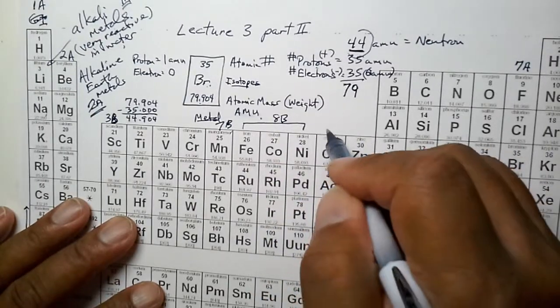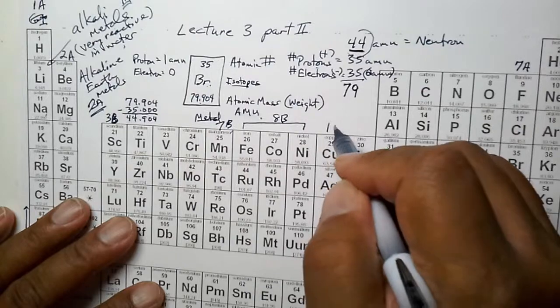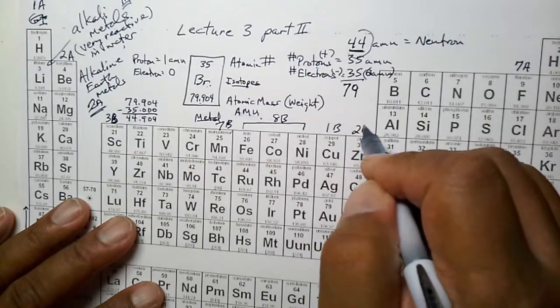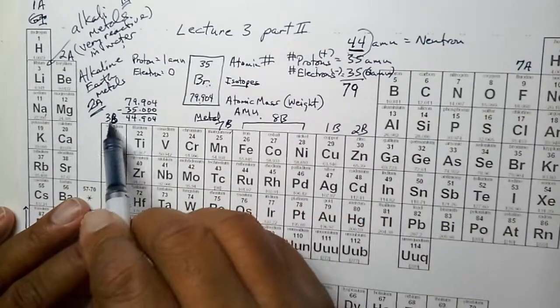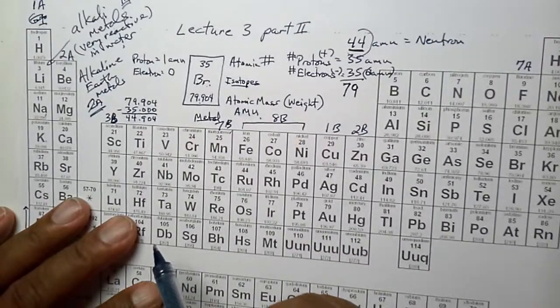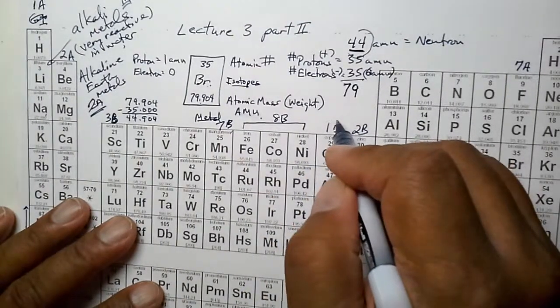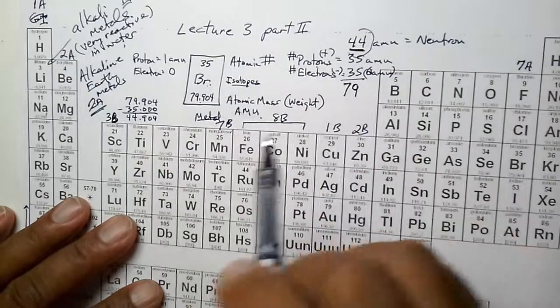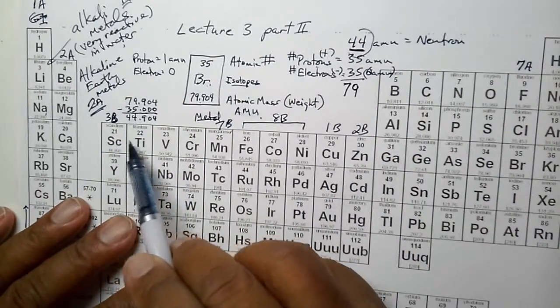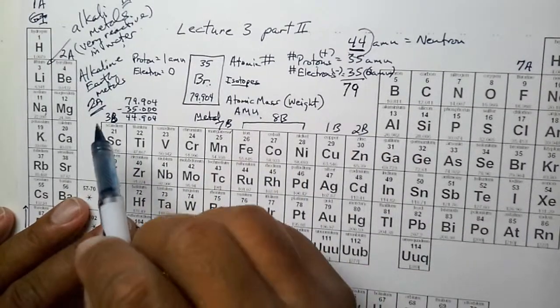And then we begin again with 1B and 2B. And these indications follow the actual number of electrons that are found in the outer shell of these elements.